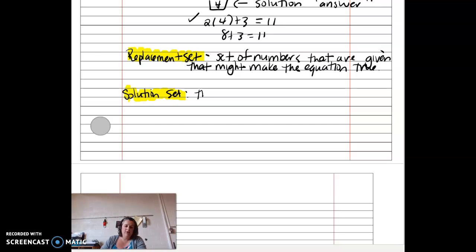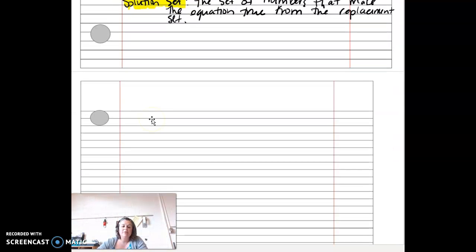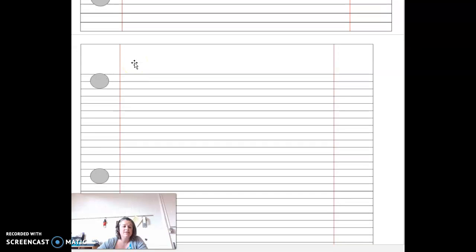A solution set is the set of numbers that make the equation true, and they're coming from the replacement set. So I'm going to go on to the next page here, and we're going to look at some replacement sets and equations and find some solution sets.